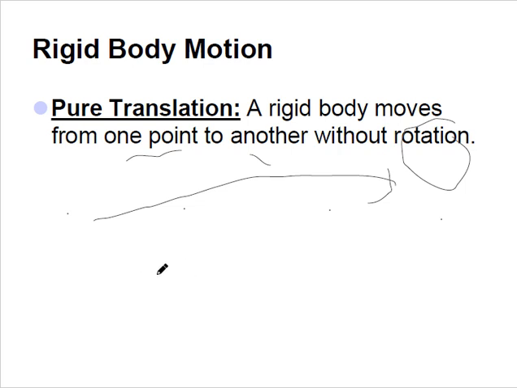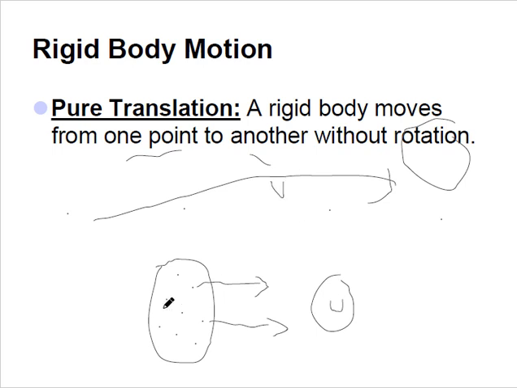Again, we go into the rigid body, and each point in the rigid body also moves on the same path, in the direction of the resultant path. The difference from pure rotation is they have the same speed, the resultant speed of that body, and each point also moves in the same direction with the same speed. Very important, by the way.